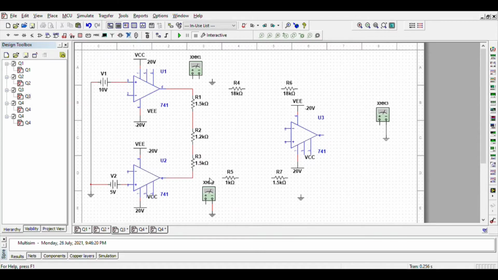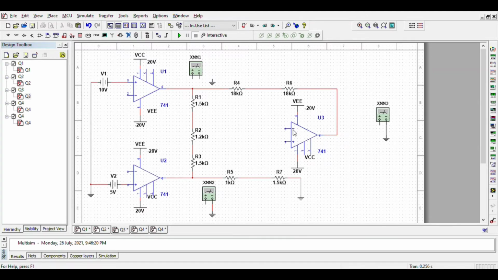Then R5 will be connected to V node 2, R5 will be connected to R7, and R7 will be connected to ground. For the upper part, R4 will be connected to V node 1, then R6 will be connected to R4, and R6 will be connected to V node 3.